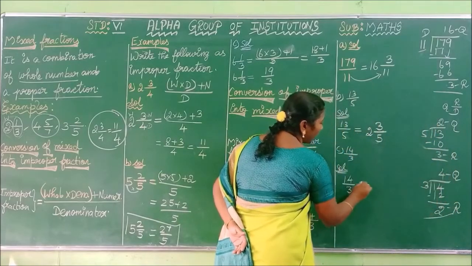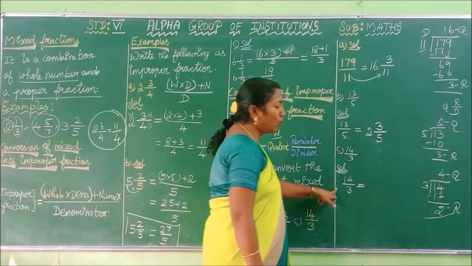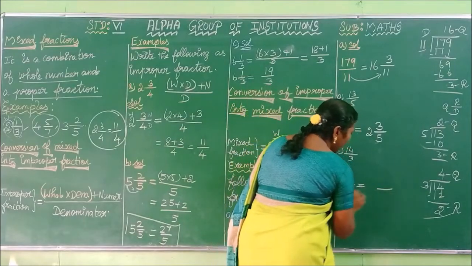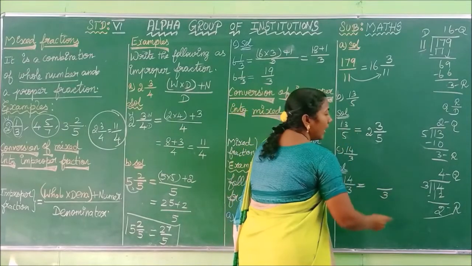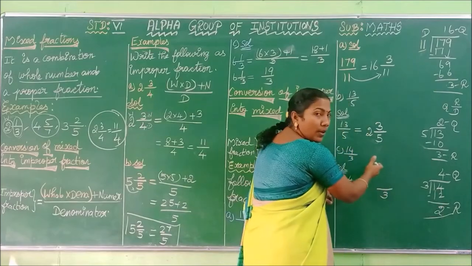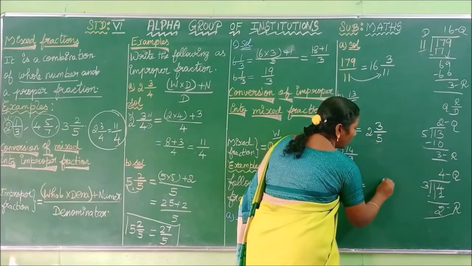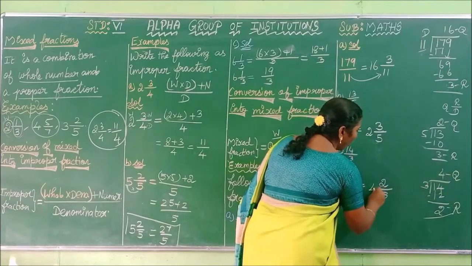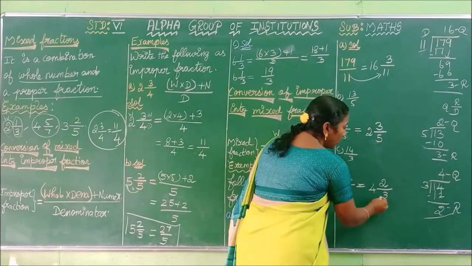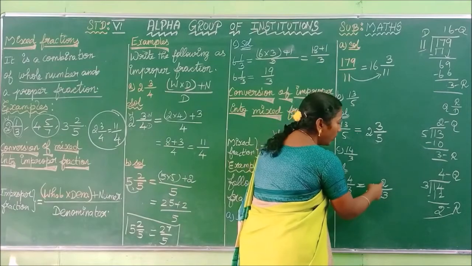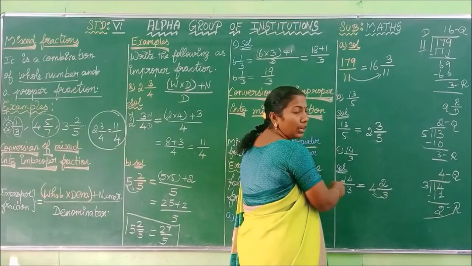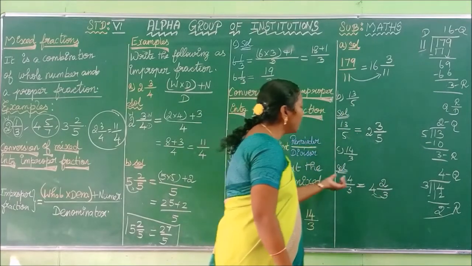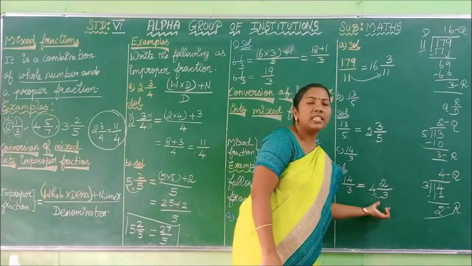Write the denominator as it is. Write the remainder as the numerator, and the quotient as the whole part. Now we are going to check. 4 3s are 12, 12 plus 2, 14. Thus we get 14. Thus we have converted the improper fraction into a mixed fraction.